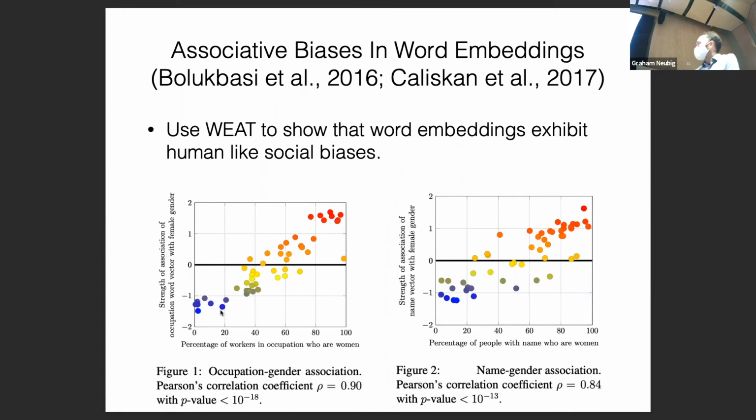So why would this potentially be an issue? Let's say we were training a model that was based on word embeddings to decide whether somebody was appropriate for working in a particular job. It would be bad and illegal to consider their gender while you're doing this.